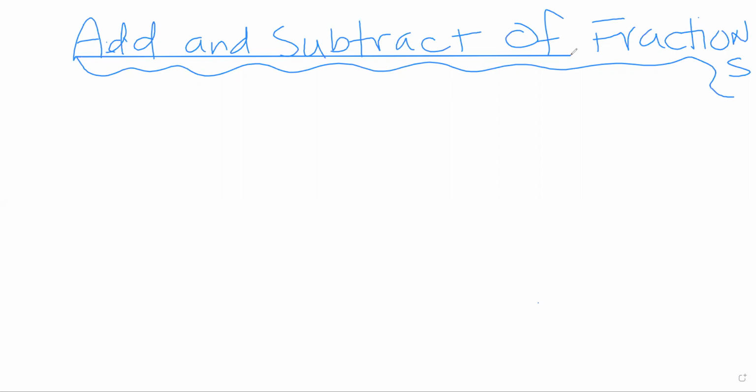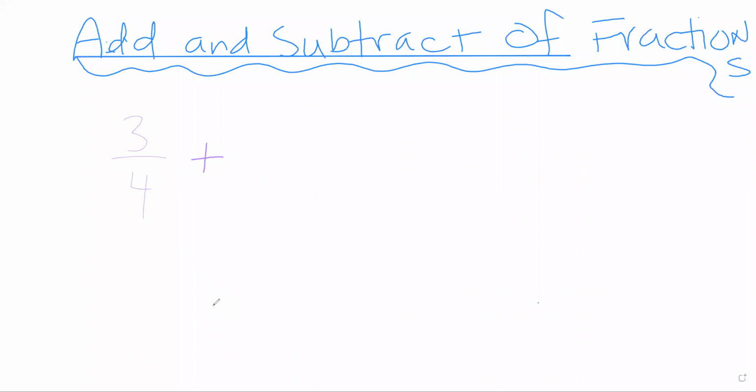What I mean by that is one thing we have learned for sure is how we can add fractions when they are the same, right? When they have denominators that are the same.